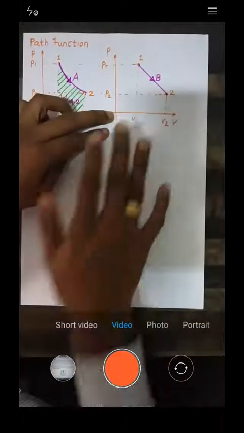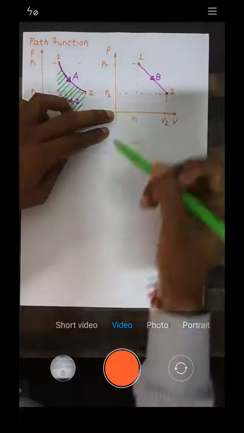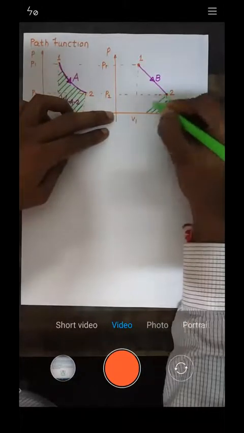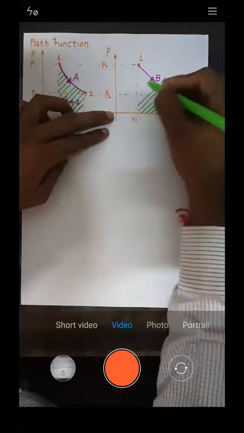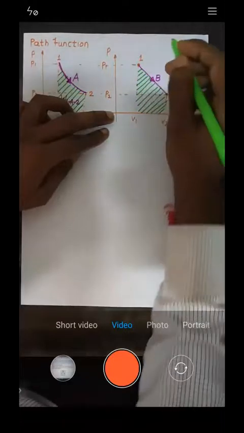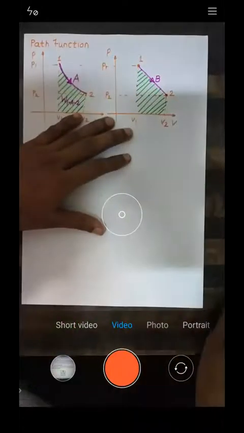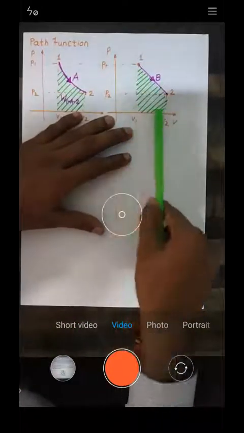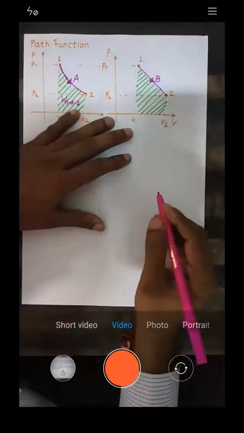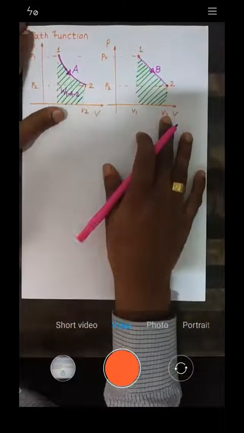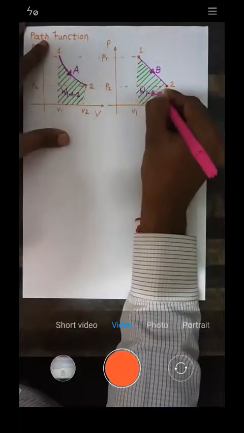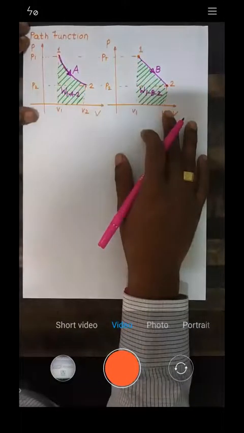If I calculate the area below 1B2, this is the area which will come. This is the area coming below the process 1B2. So tell me, this area will give me what? Work done from 1B2. It will give me the value of work done for 1B2.